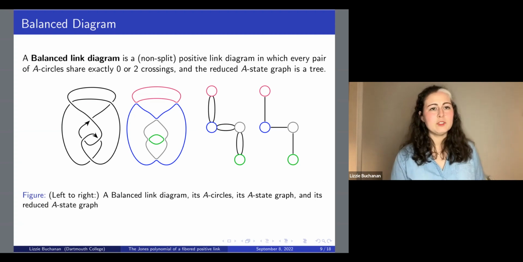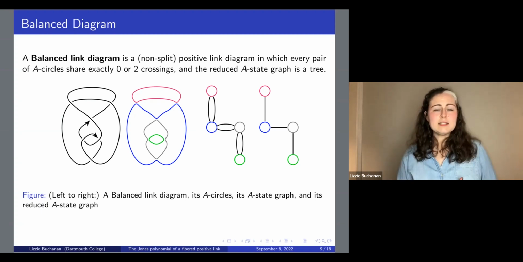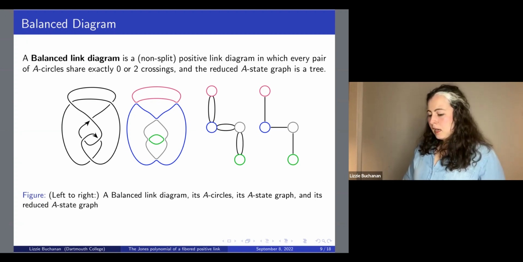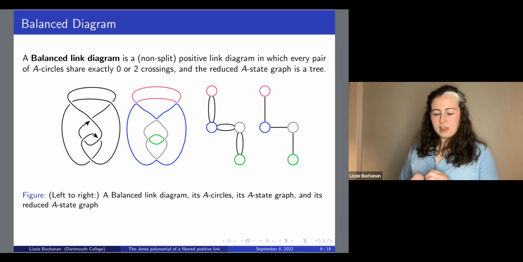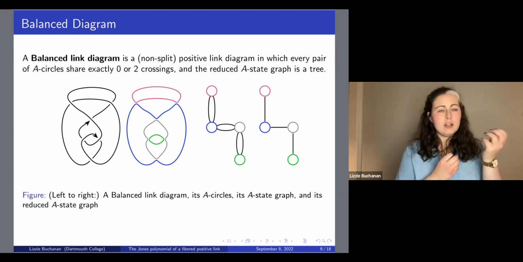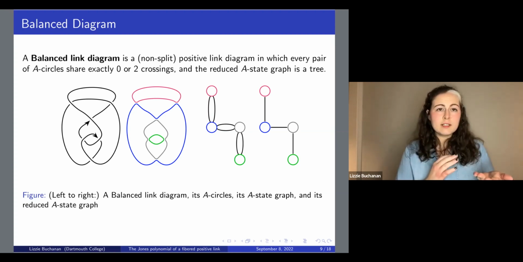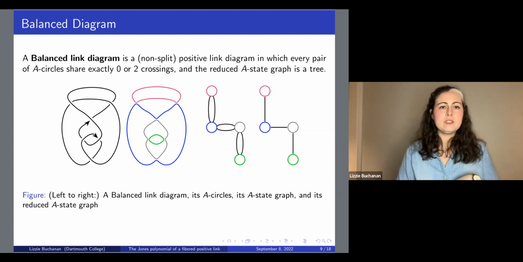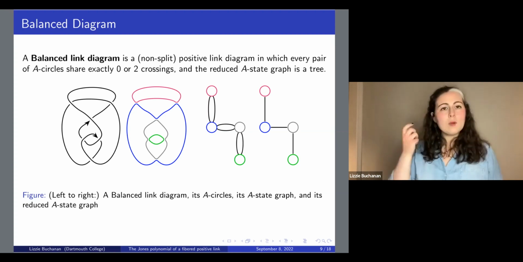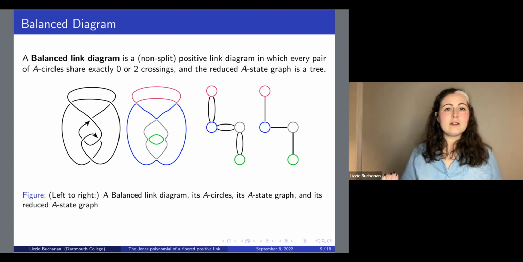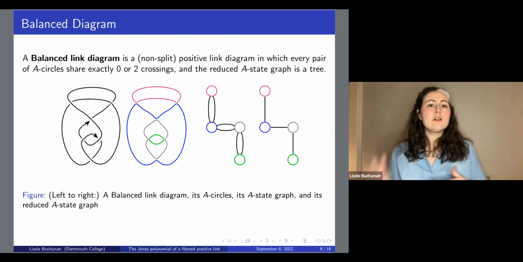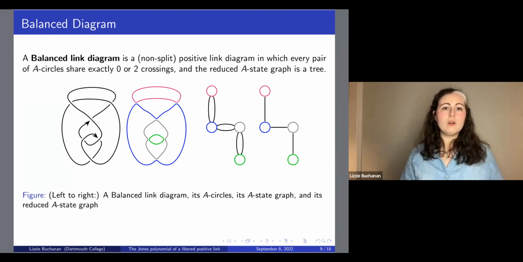A balanced diagram is a non-split positive link diagram in which every pair of circles either doesn't share any crossings or they share exactly 2 crossings. And I also want the reduced A state graph to be a tree. Putting that part in the definition, that the reduced A state graph is a tree, means that I'm actually talking about fibered knots and links in general.